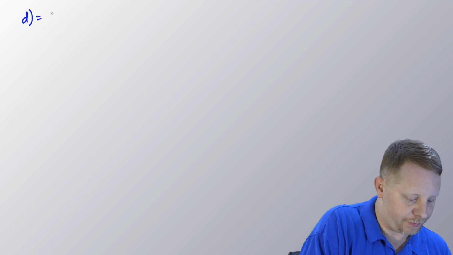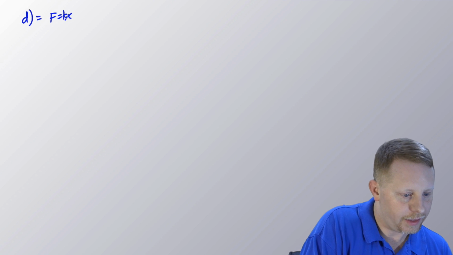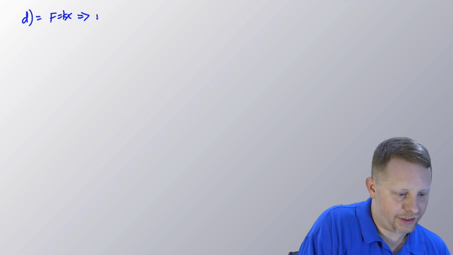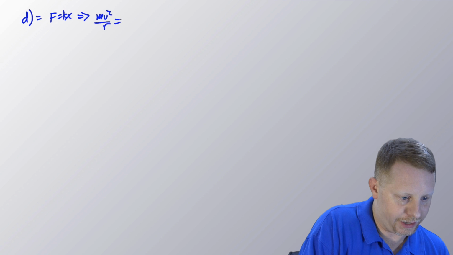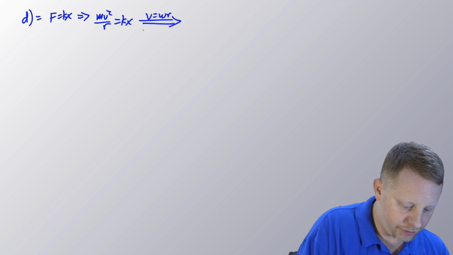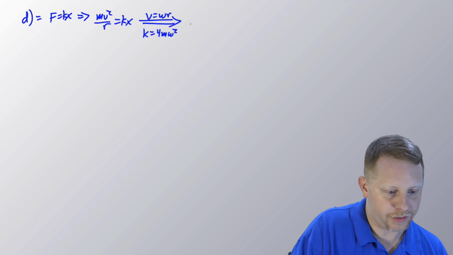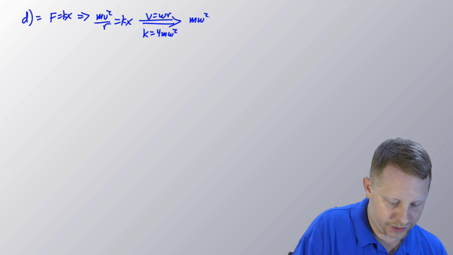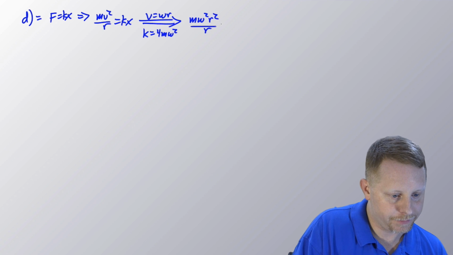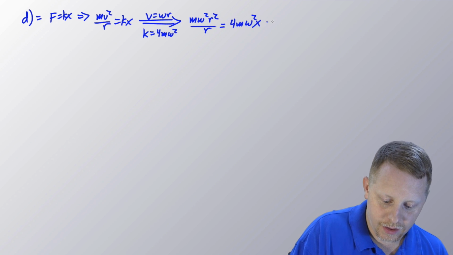We would write something like our force is equal to kx, which implies that mv squared over r equals kx, but we know that v equals omega r. We already found k is 4m omega squared, so this implies then that m omega squared r squared over r is going to be equal to, in our kx, we've got 4m omega squared x.